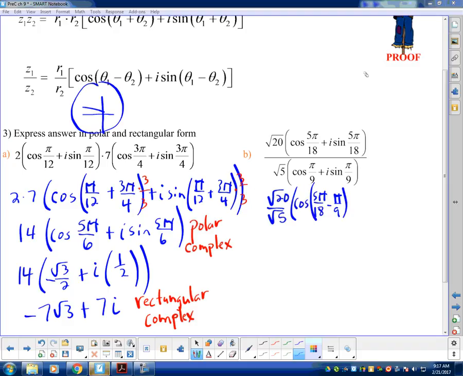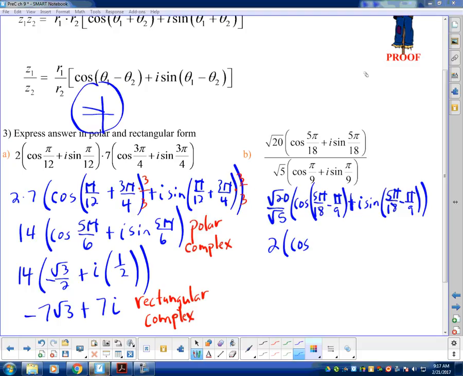Plus I sine of the same thing, 5 pi over 18 minus pi over 9. So root 20 over root 5 would be root 4 or 2. So 2. And then we have times cosine of, can you do this in your head?